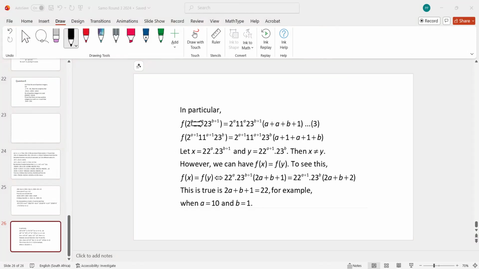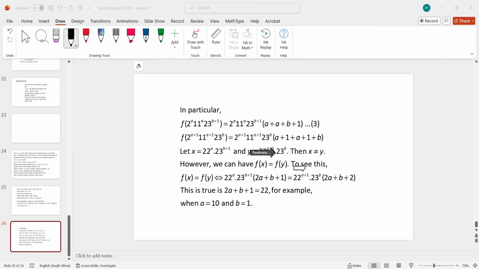So you got f of x is equal to this, and y, if you let y be equal to 22 to the a plus 1 times 22b, you have that, and you will see that these two are exactly the same.